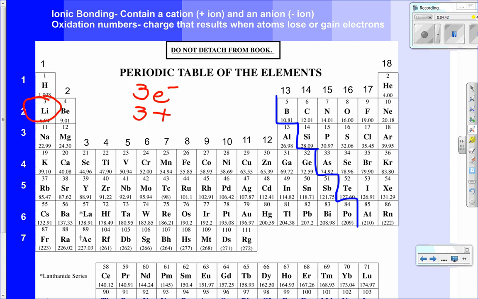So the electrons are what's going to move around, and really all of chemistry, pretty much, except when we talk about nuclear chemistry, is about what that electron is doing. So if an electron is lost, then it becomes 2 electrons. So if we minus 1 electron, then we have 2 electrons, but we still have 3 positives down here. So what's the result? Well, we have an overall charge now of +1. So everything in the first column is a +1.